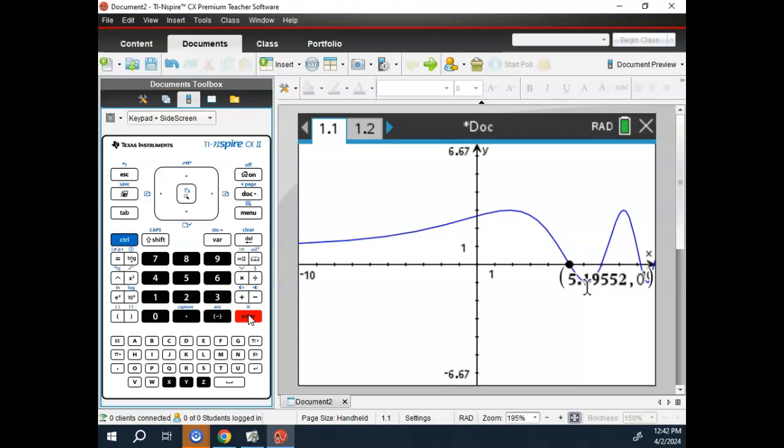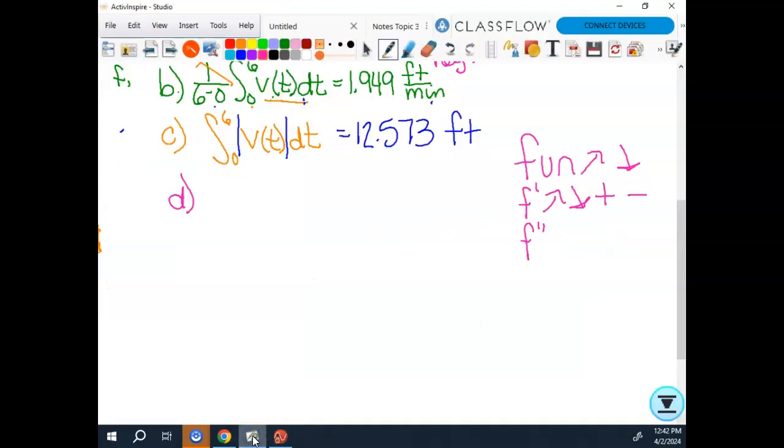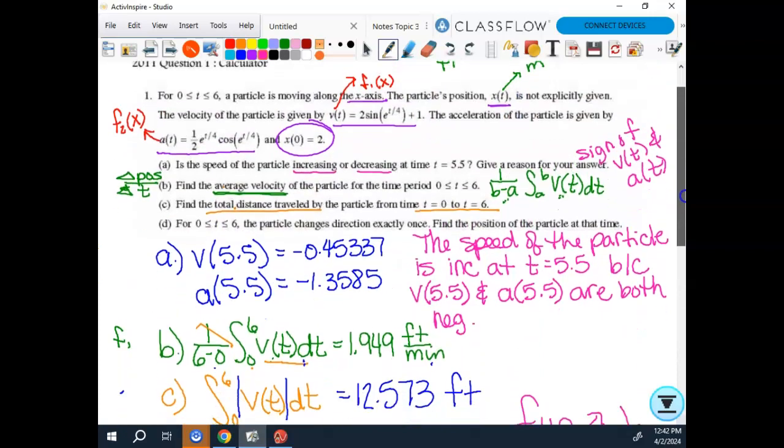Okay? Okay with that? All right, so is my answer 5.19552? What does that represent? Does that represent acceleration, velocity, position, time? What is it? Is that an x value or a y value? X value. The x value on velocity represents what? What is the x value or the input of velocity?